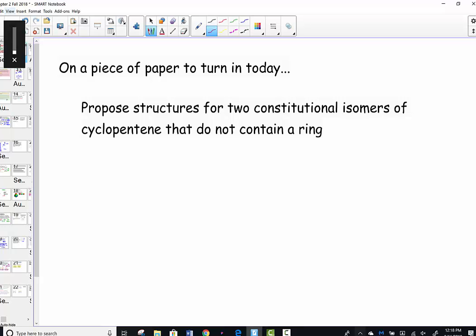Propose two ways you can hook together the compound cyclopentene that are not cyclic structures. Let's kind of figure out what I'm asking. We better be able to draw cyclopentene to figure out its molecular formula so that we know what else we could draw with the same number of C's and H's. That'd be a good first step.